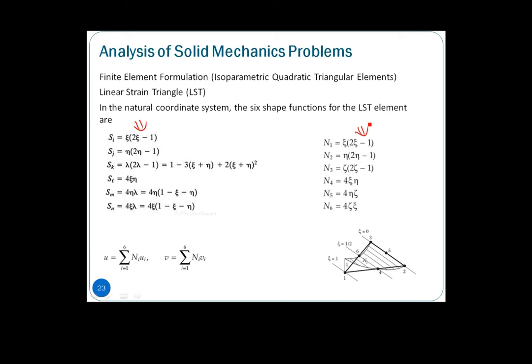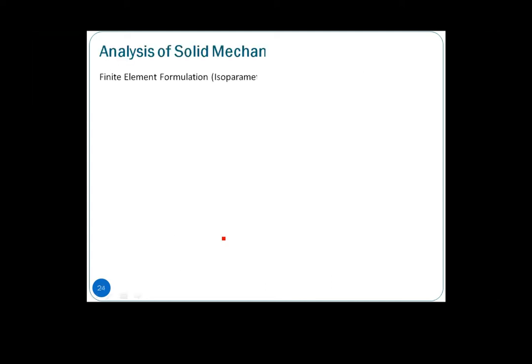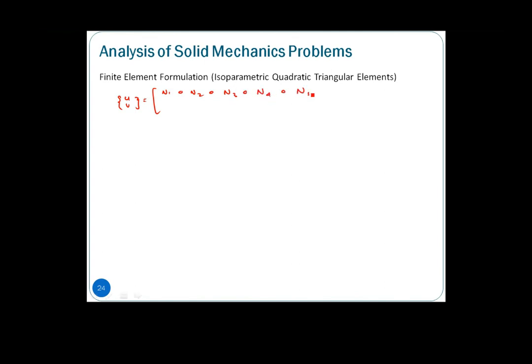So under isoparametric elements, we know that our displacement field, using the shape functions as you have seen here, can be represented by this, as well as our geometry. So we have our u, v equals N1, 0, N2, 0, N3, 0, N4, 0, N5, 0, N6, 0, right?